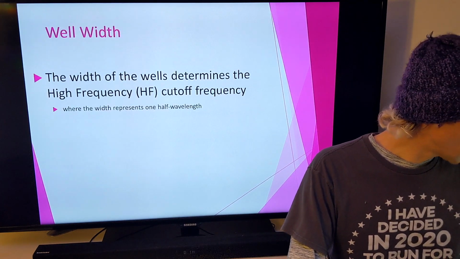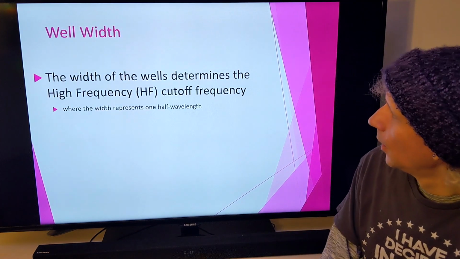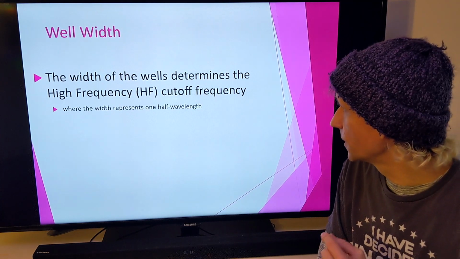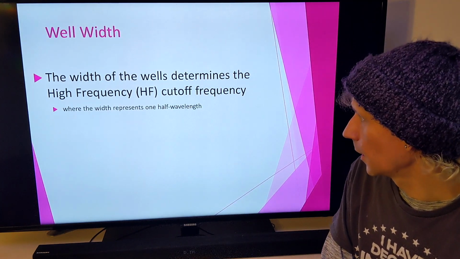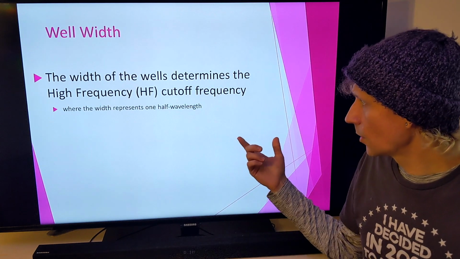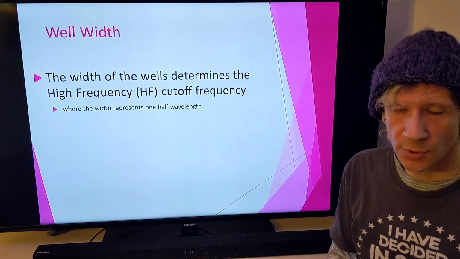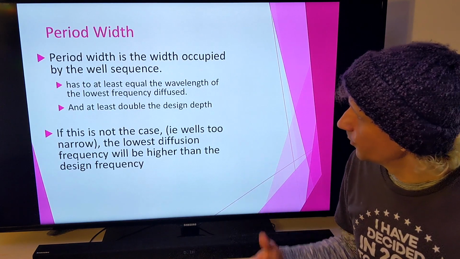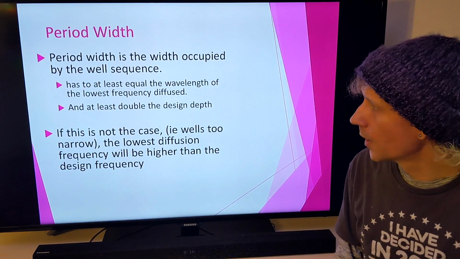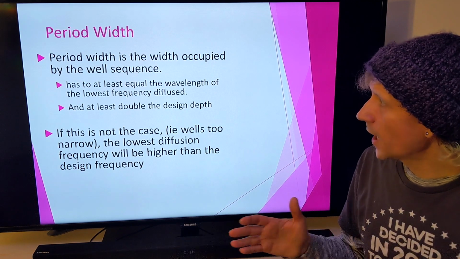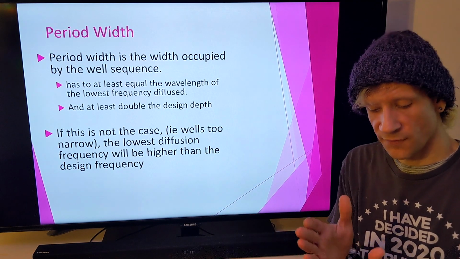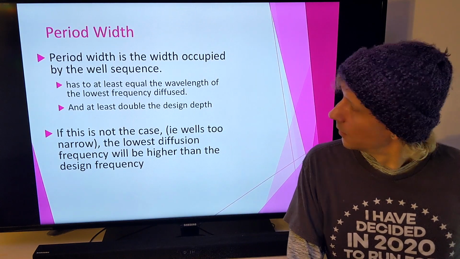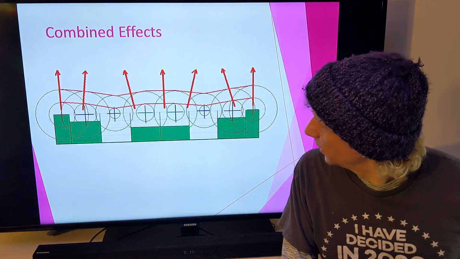So let's see, what do I have here? The well width determines the high frequency cutoff frequency as half a wavelength. That's what we just went over. Period width is the width occupied by the well sequence. So if I have a prime number sequence 5, I have that pattern that we just looked at here.